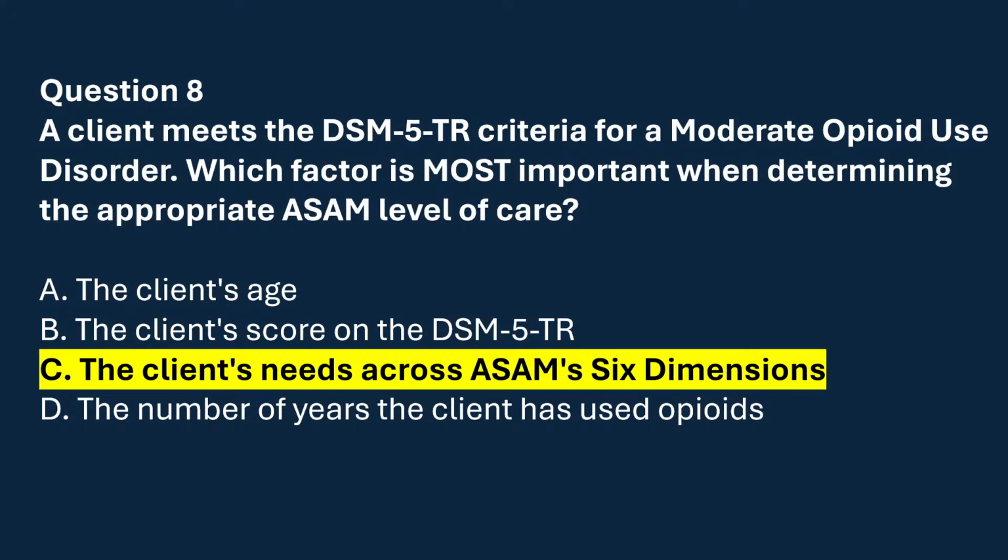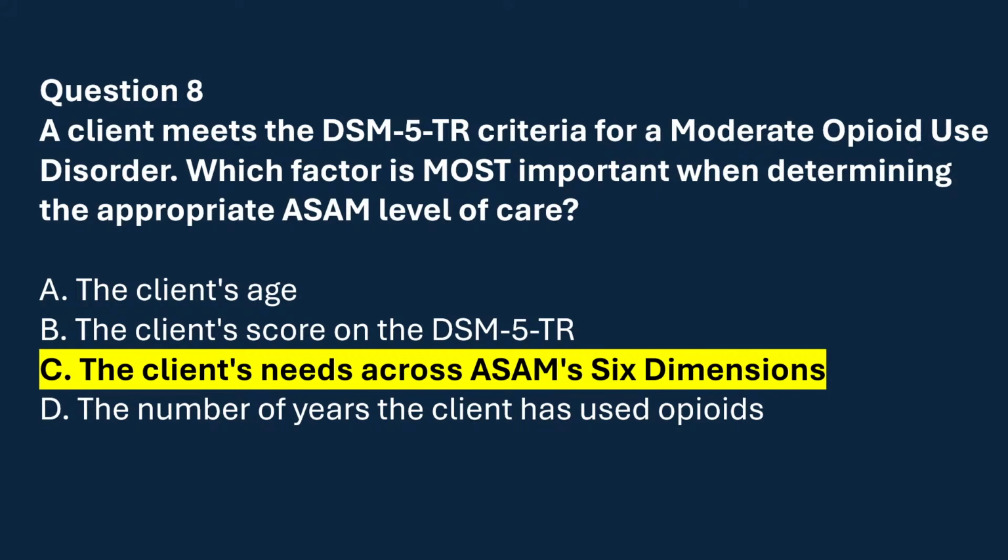The correct answer is C, the client's needs across the ASAM 6 dimensions. C is correct because the ASAM criteria uses information gathered from the 6 dimensions to determine the safest and least restrictive level of care for each client.